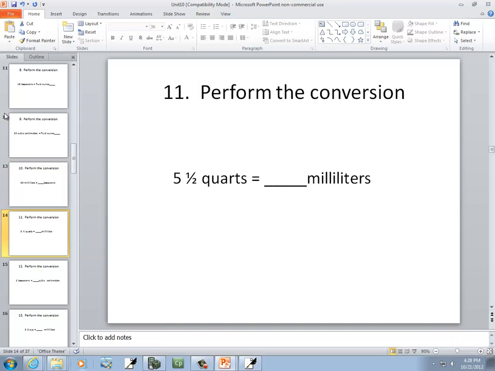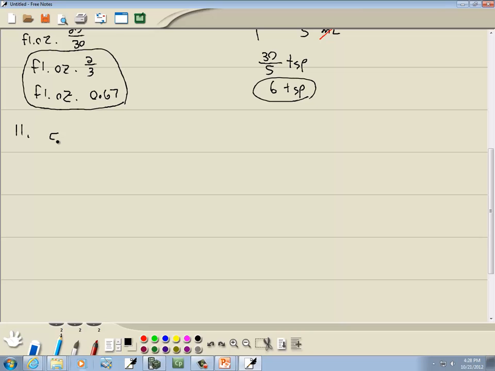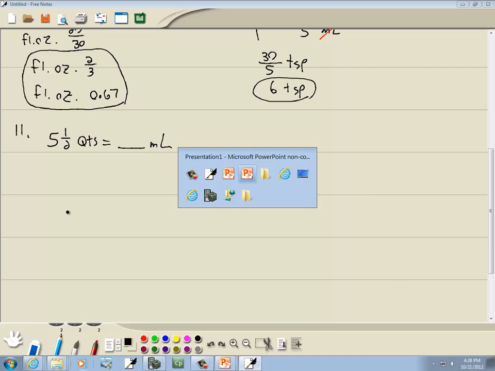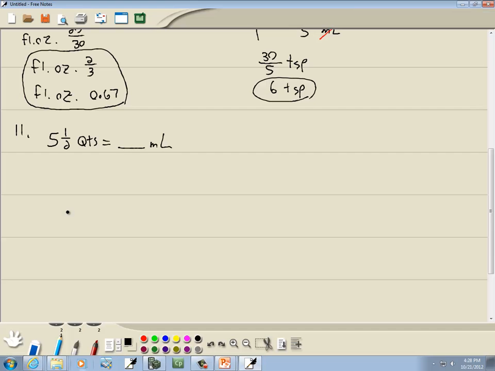And let's look at number 11. 5 1/2 quarts equals blank milliliters. Alright, let's go see if we find some kind of tie between quarts and milliliters. Well, without a doubt, I'm going to put this in decimal form. 5 1/2 is 5.5 quarts. Dimensional analysis says you put that over 1.